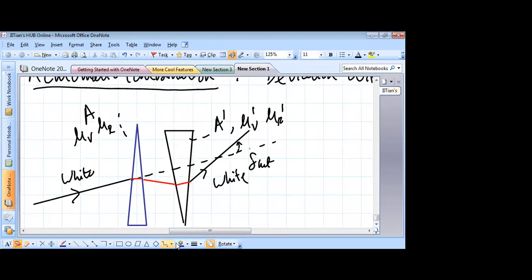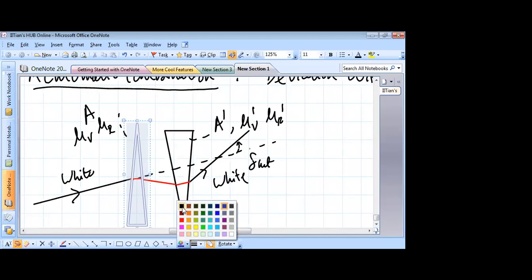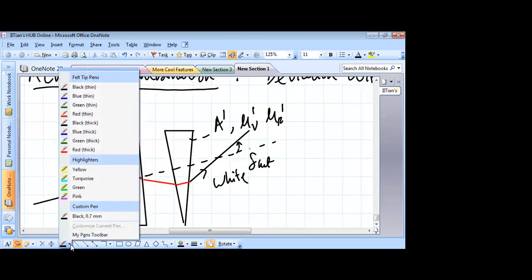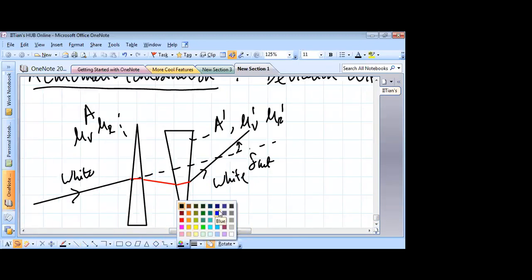So this splitting has happened in the first prism. It should exactly get reversed in the second prism. This is what should happen. So you understand, it's something like reversibility.